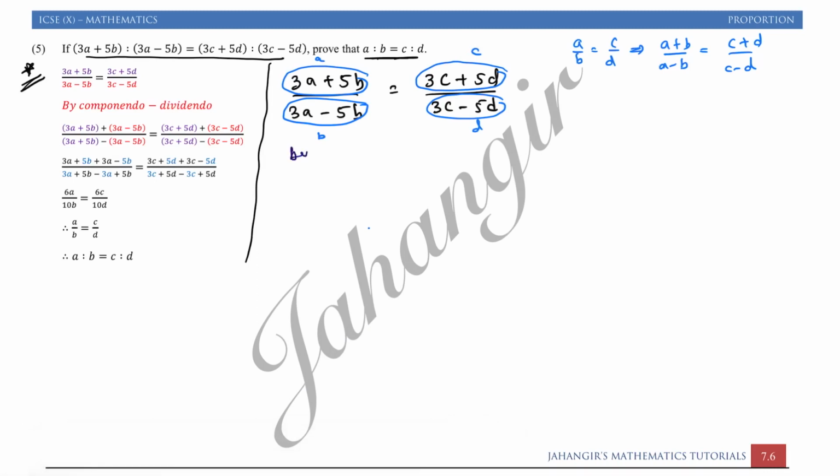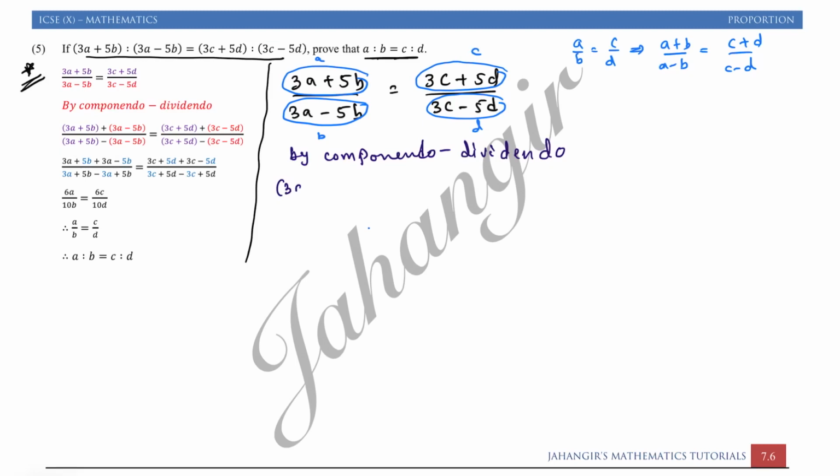So by componendo and dividendo, the numerator is what? A is here 3a.